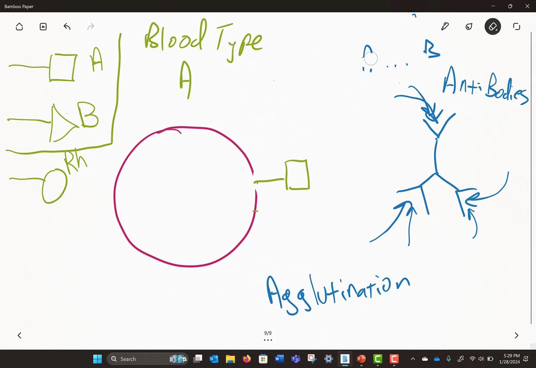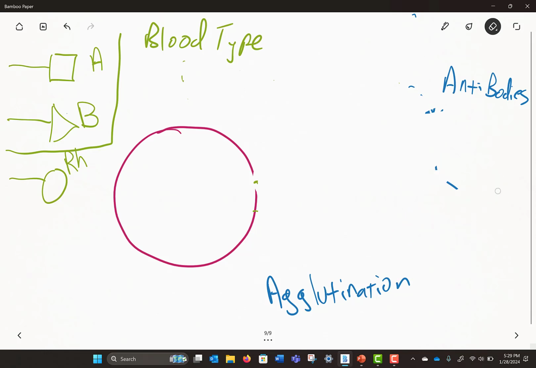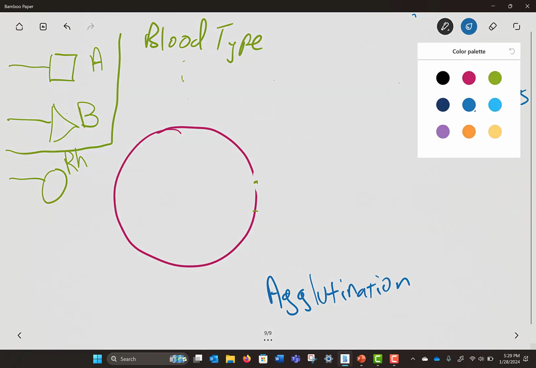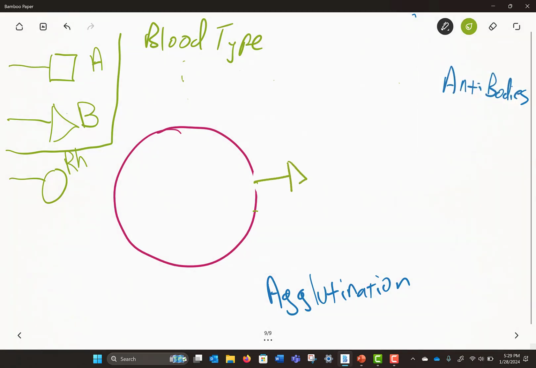Let's do another example. So let's say we look and someone has triangle antigen. What is their blood type?